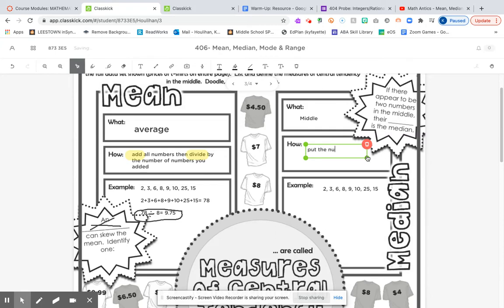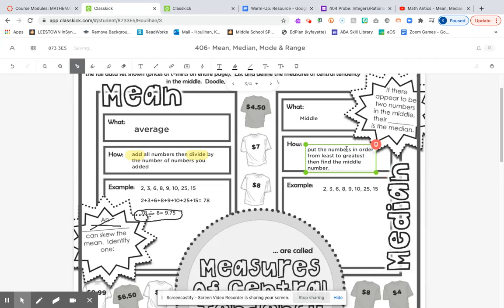Put the numbers in order from least to greatest. Then find the middle number. Go ahead and put that on your notes.